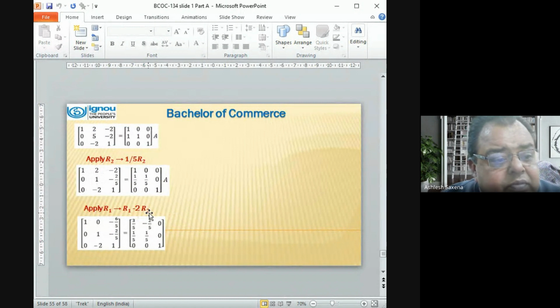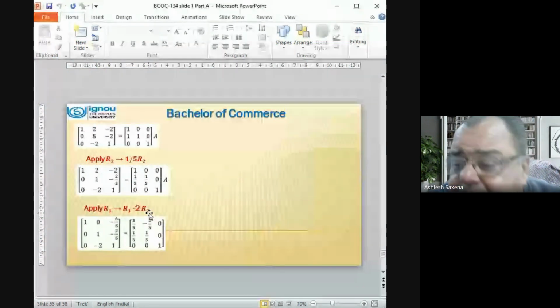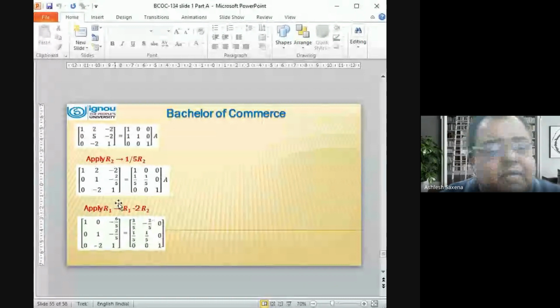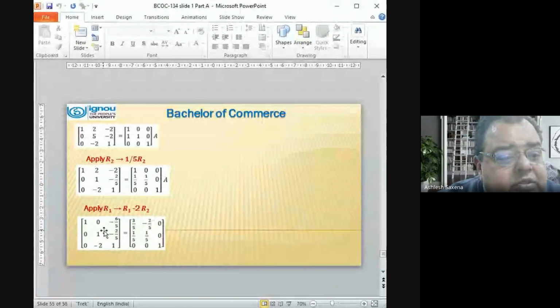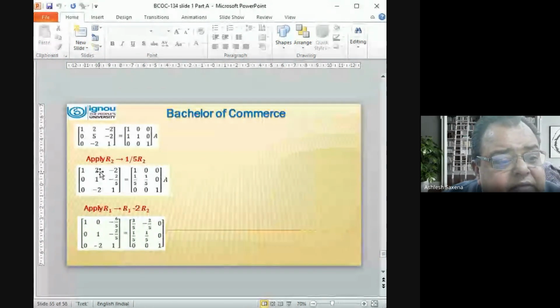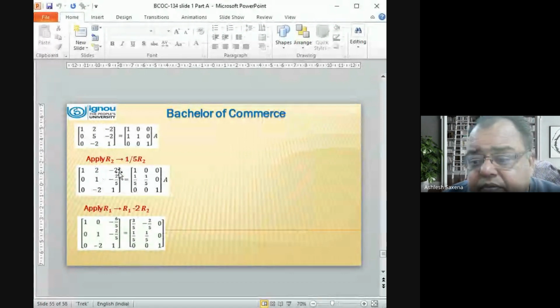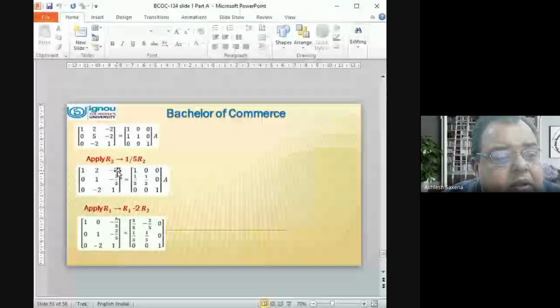When we perform this, this will be 1. Only the change will be in row 1. When you add this, no change will be there, it will remain 1. When you subtract 2 minus 2, it will be 0.